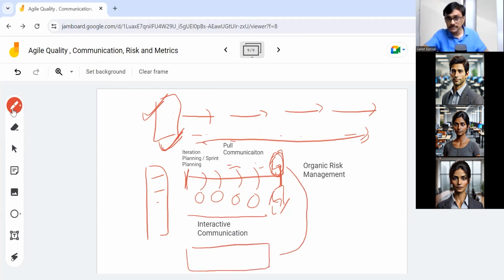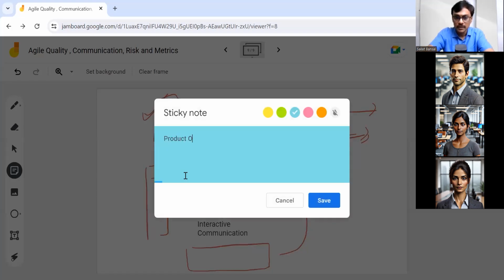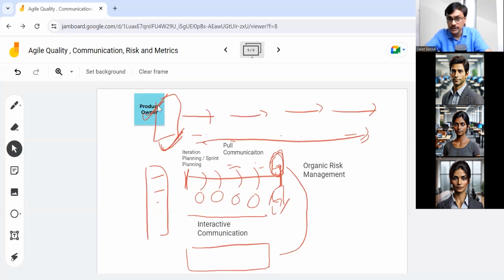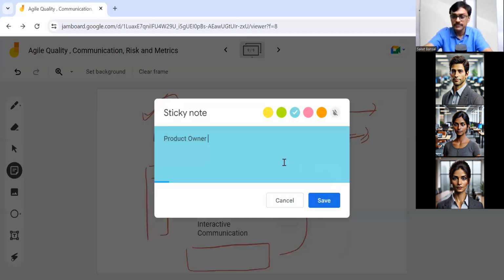Now, in a PMP exam, if you see the word product owner, as you all know what the role of a product owner is, but we are focusing on the hybrid world. We can have a product owner, we may not have a product owner. But if you have a product owner in the question, or a customer in the question, product owner and customer can be used interchangeably.